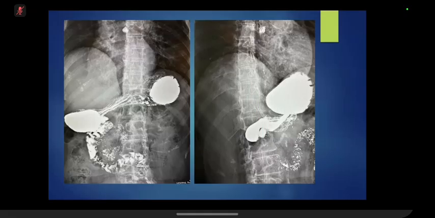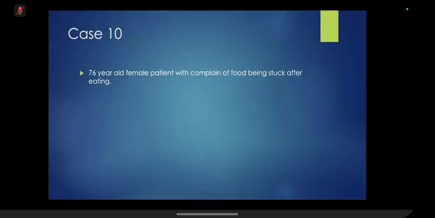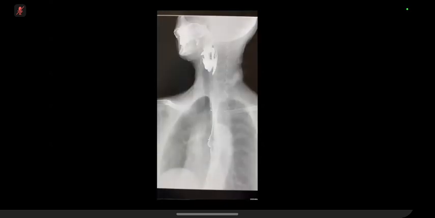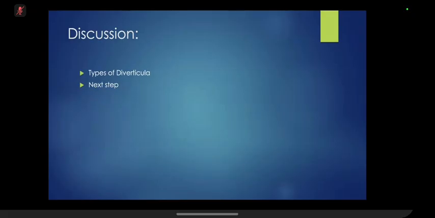It had a stasis of the contrast. And as the patient is of old age, what was the age? 76 years. So we referred her for endoscopy, histopathology and diverticulectomy, because all diverticula in old age carry a little risk of malignancy, which has already been discussed. So the next step in this case, I already explained.